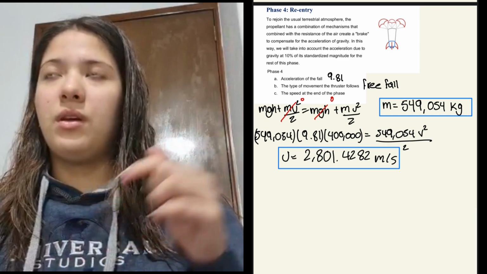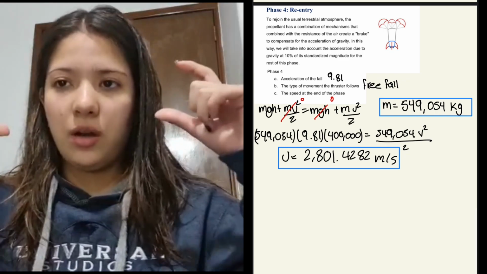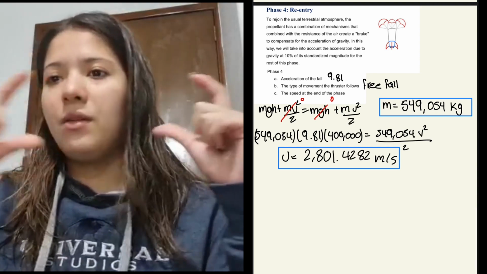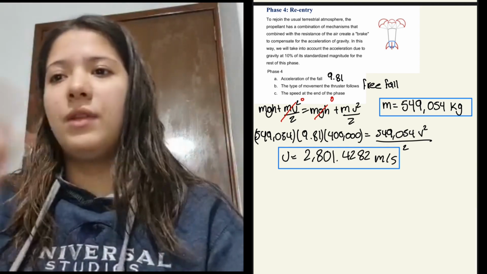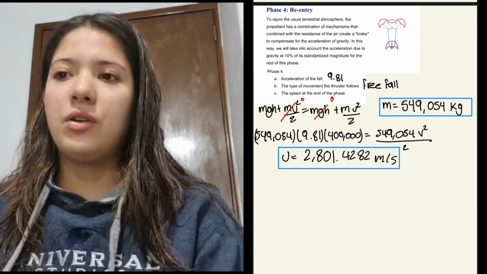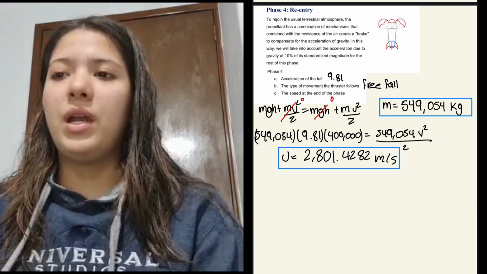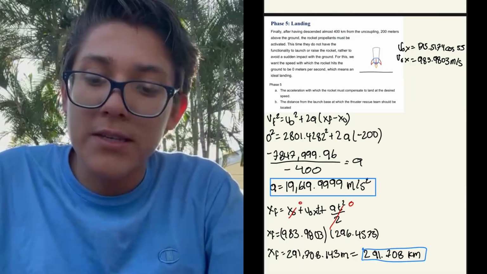We stayed with the potential energy equals kinetic energy on the other side. So by calculating this, we were able to calculate the speed, the velocity, which was 2,801.4282 meters per second.